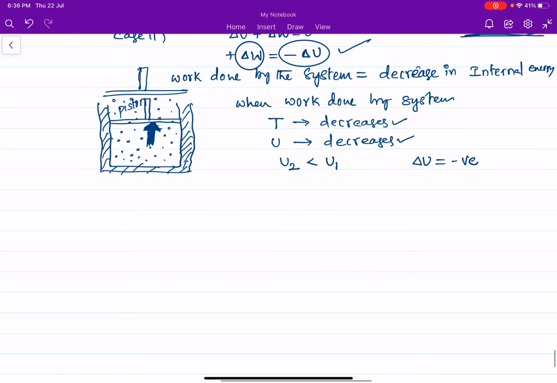Now I am going to obtain an expression for the work done. Here I am not going to give you the proof for the relation between pressure and volume in the case of the adiabatic process.